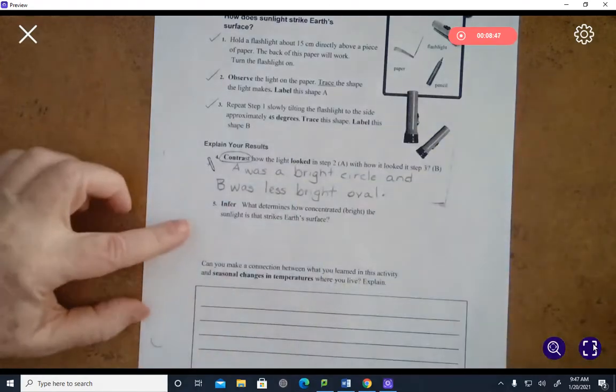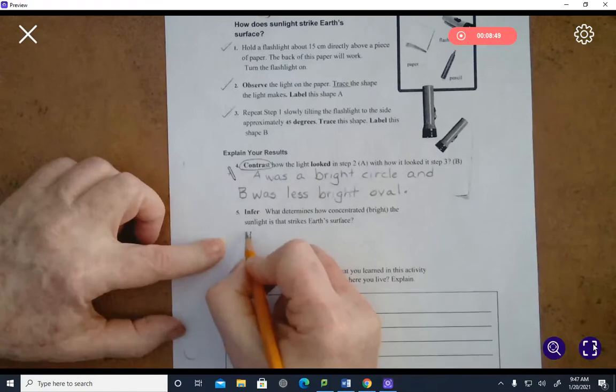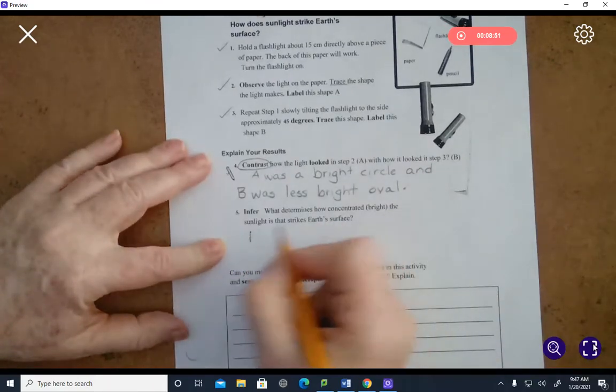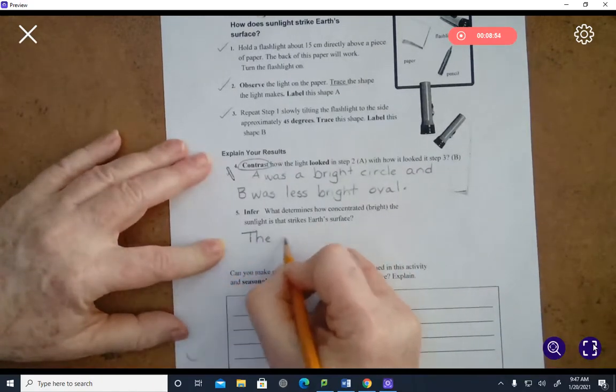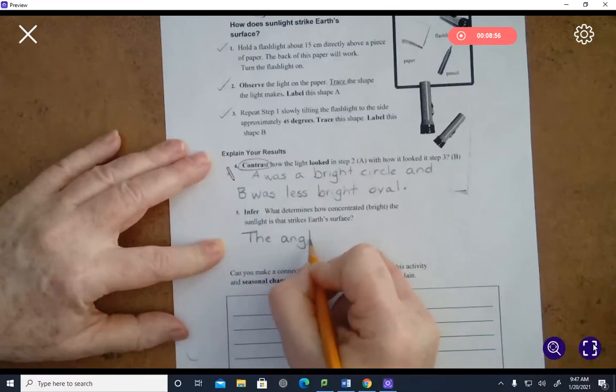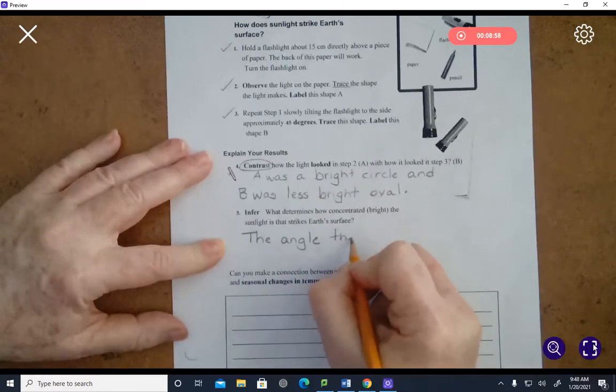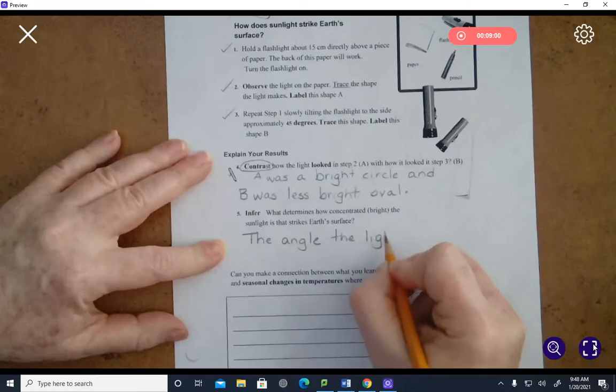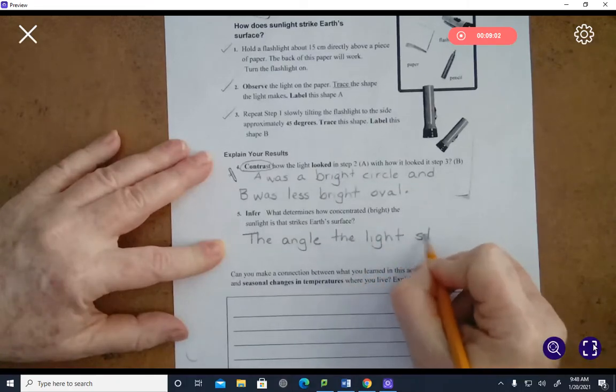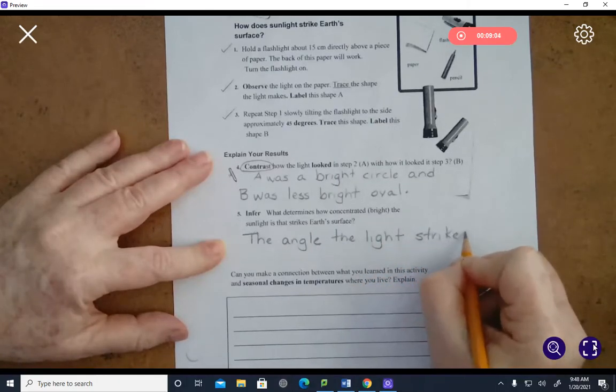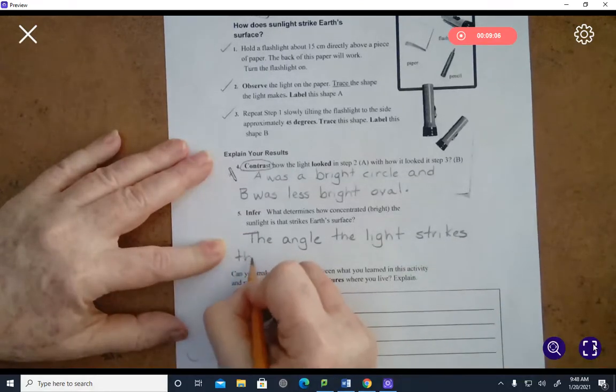Angle. So definitely, I would say, what determines how concentrated? The angle the light strikes the surface.